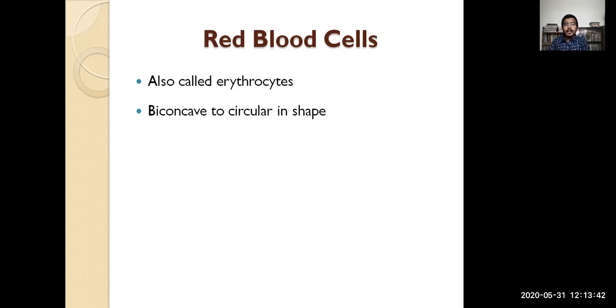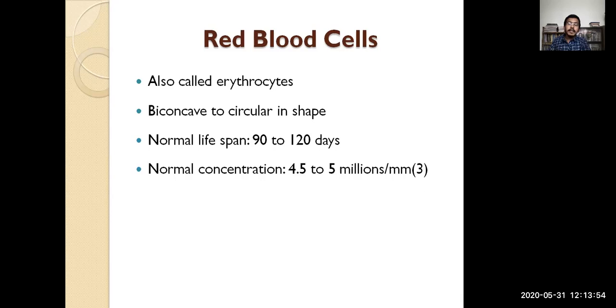But if we talk about the normal condition, the shape is either biconcave or circular. The normal lifespan of the RBCs is 90 to 120 days, and its normal concentration in an adult person is about 4.5 to 5 million per mm cube of the blood, but it also varies according to gender as well.